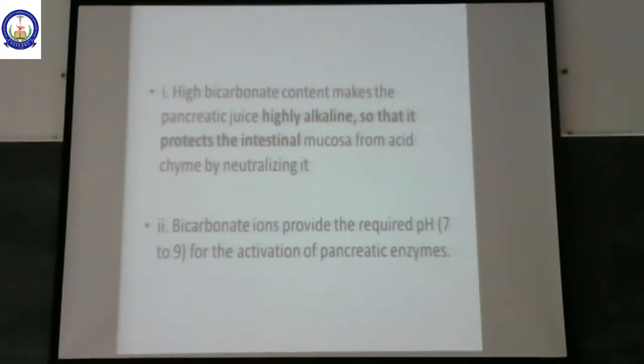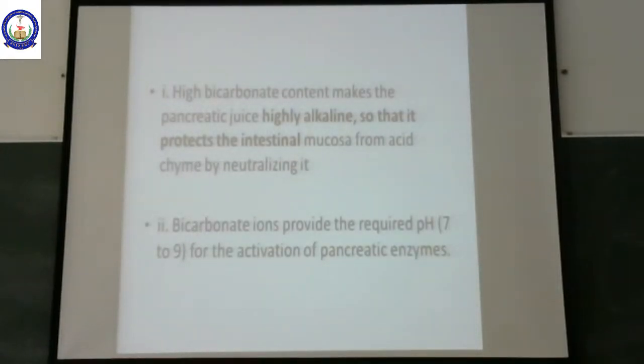Yes, pancreatic juice is very rich in bicarbonate, right? This high bicarbonate content makes the pancreatic juice highly alkaline. What is the advantage of this highly alkaline content? One is it protects the intestinal mucosa. The food, what we call the bolus, enters into the stomach. In the stomach, chyme is formed. This chyme mixed with acid is highly acidic in nature.